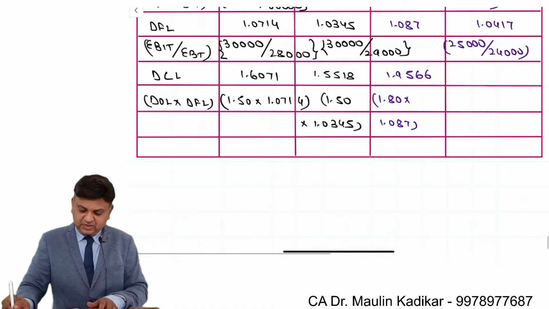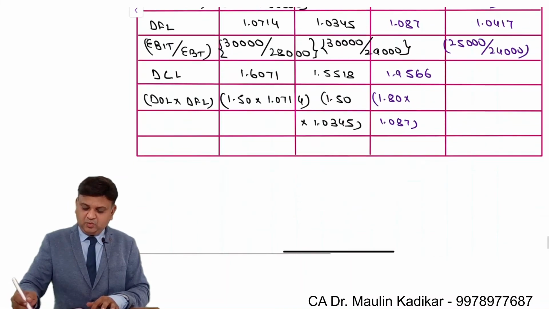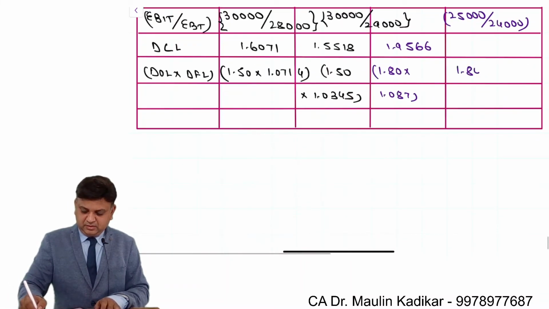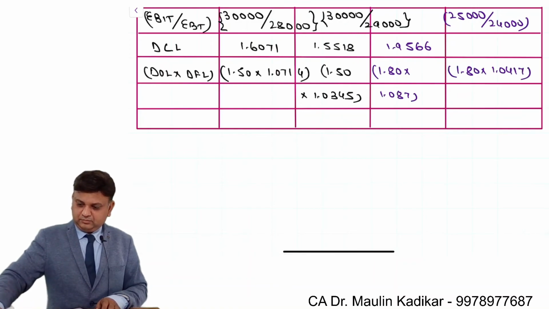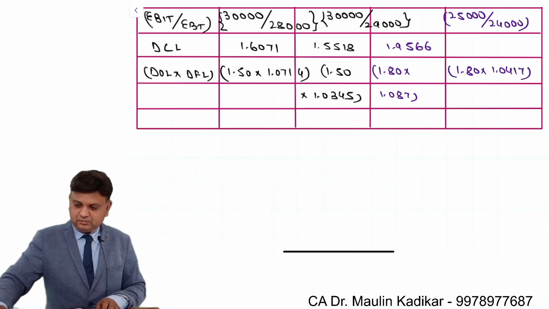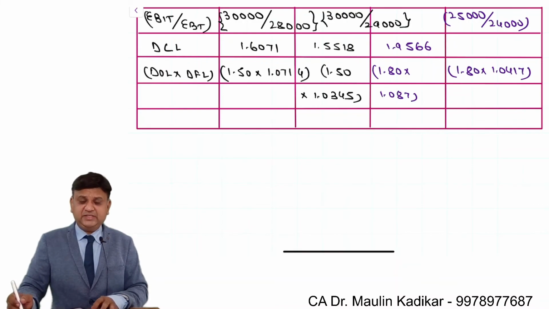Next, degree of combined leverage will be 1.8 into 1.0417, that is 1.8751.